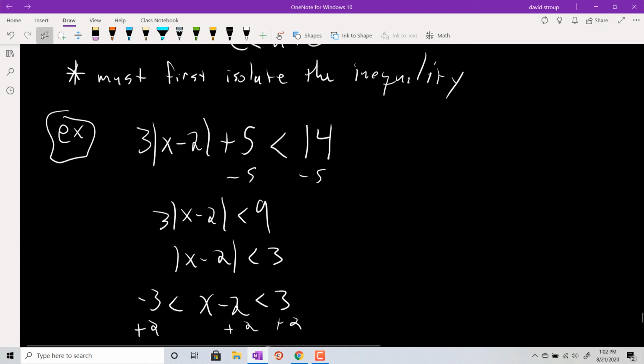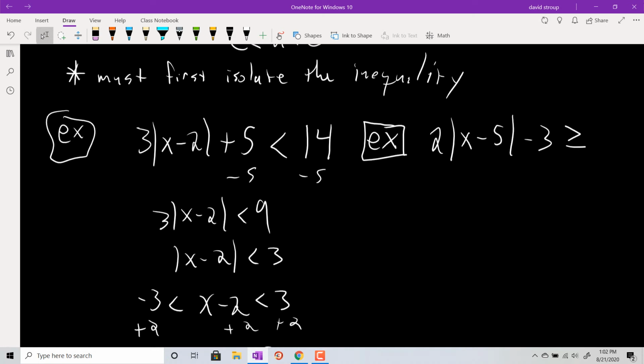Okay. All right, let's do kind of the same thing, but with the other kind of inequality. So let's say 2 times the absolute value of x minus 5, minus 3, greater than or equal to, let's see what we want. How about 7? Okay. So again, you have to isolate the absolute value.